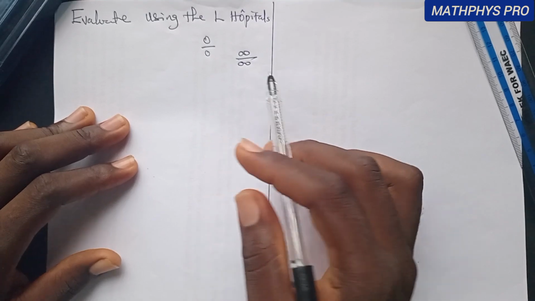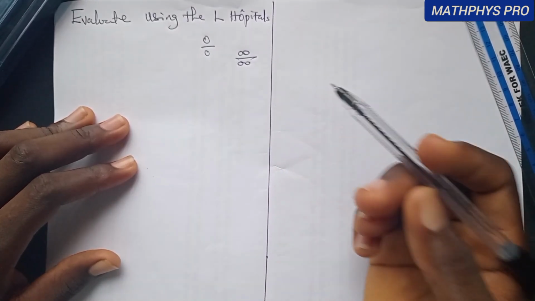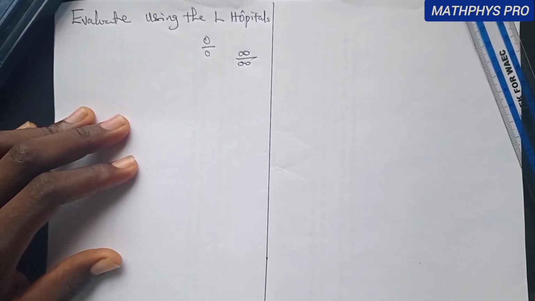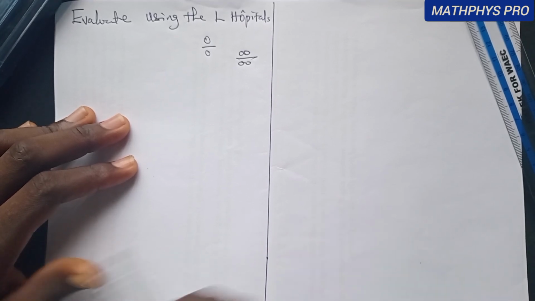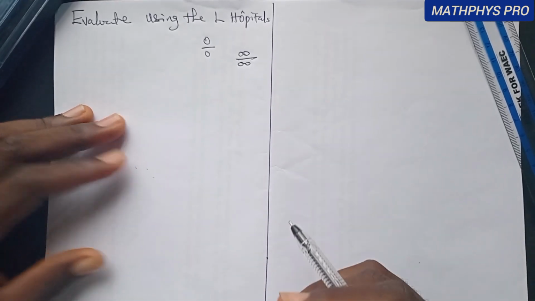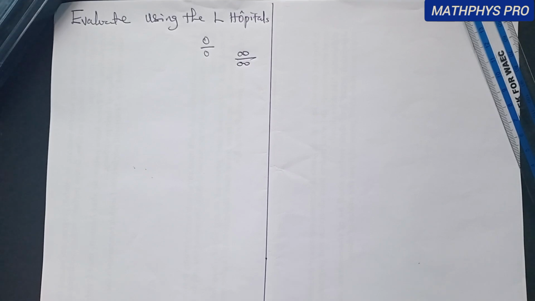So instead of simplifying algebraically, you just differentiate the numerator and the denominator, separate them, and take the limits.